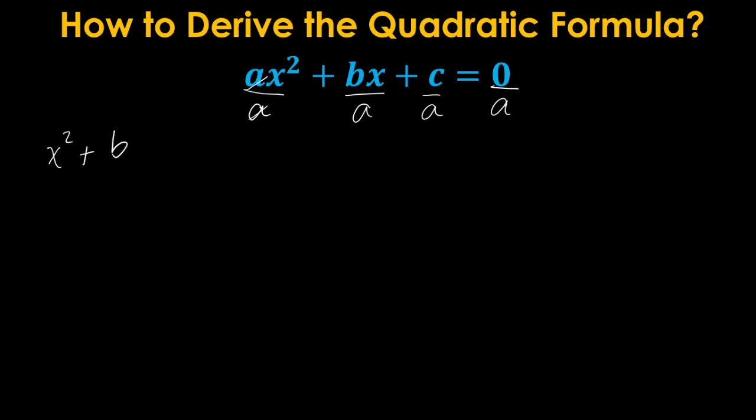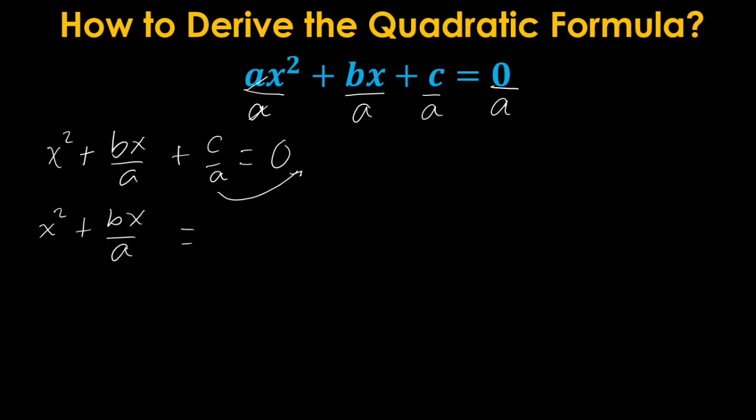Then just copy the rest of it. Next, we transpose this constant term to the right-hand side. Copy this. And that becomes negative c over a.